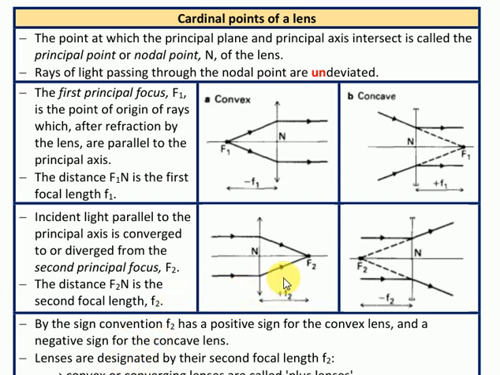By the sign convention, this f2 has a positive sign for a convex lens and f2 has a negative sign for concave lenses, and the lenses are designated by this second focal length f2.